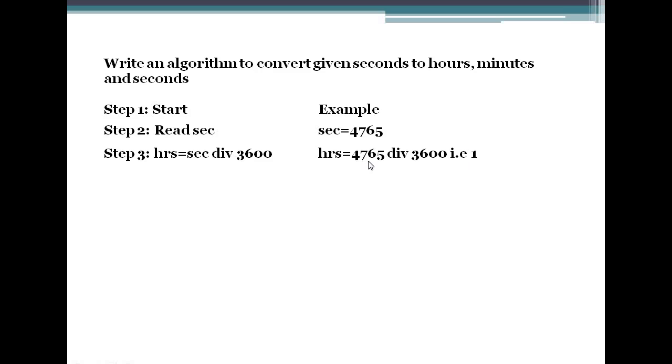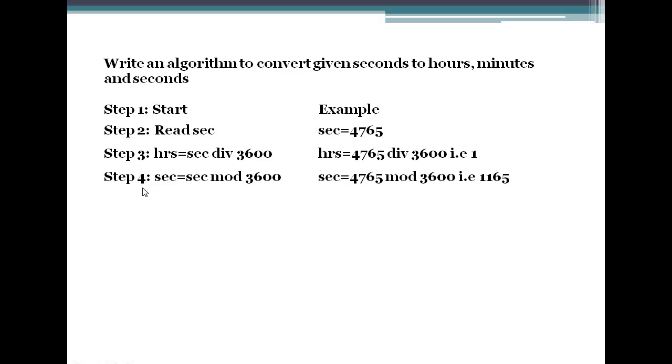So 4765 seconds means 1 hour and some seconds. In the next step we are going to calculate how many seconds are remaining when we remove 1 hour from 4765 seconds.